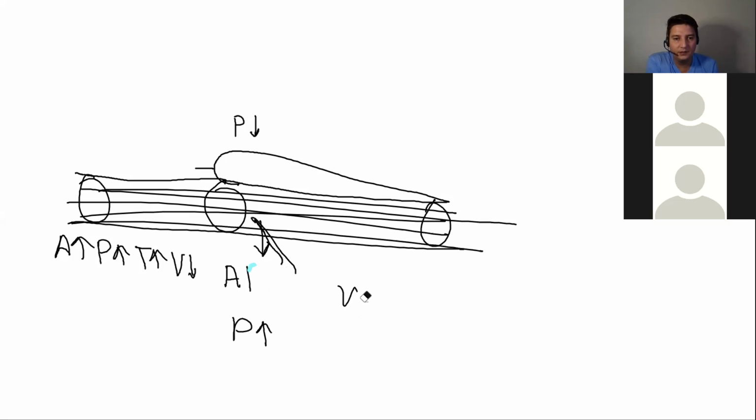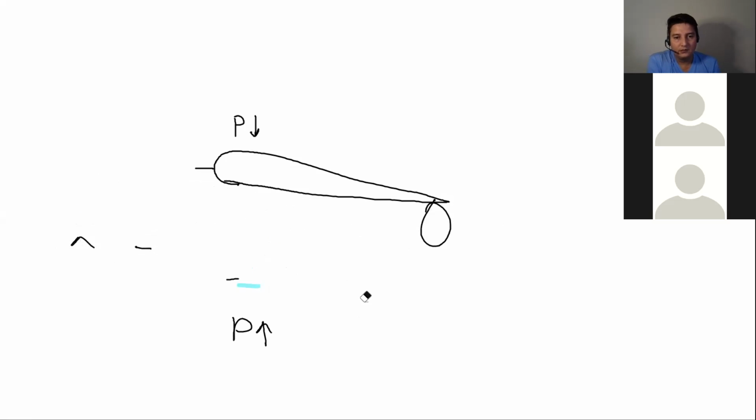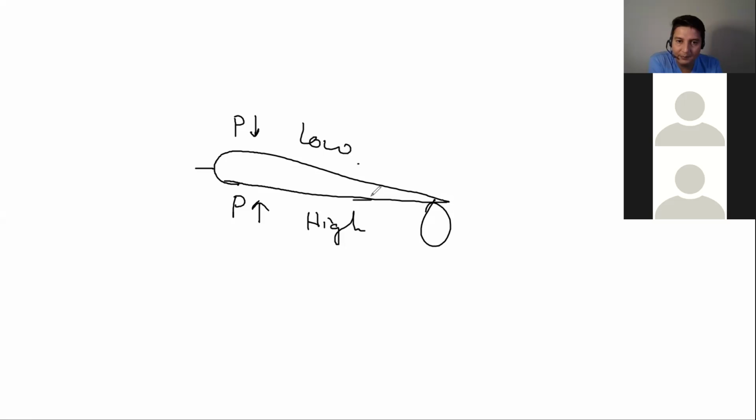Okay, understood? So we will delete all the rubbish. High pressure. Now, because of the high pressure at the bottom of the wing, it will try to go up. It will try to go towards low. The high pressure will try to go towards low and balance the pressure.